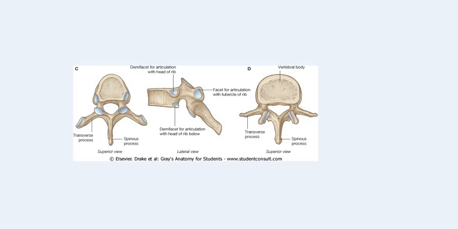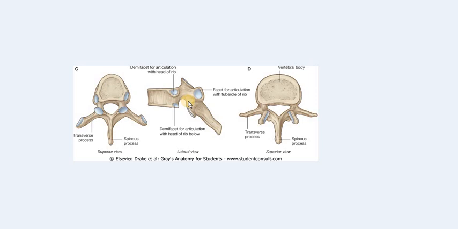Means suppose this is the fifth thoracic vertebra, then this superior demifacet articulates with the fifth rib, while this lower demifacet articulates with the sixth rib.